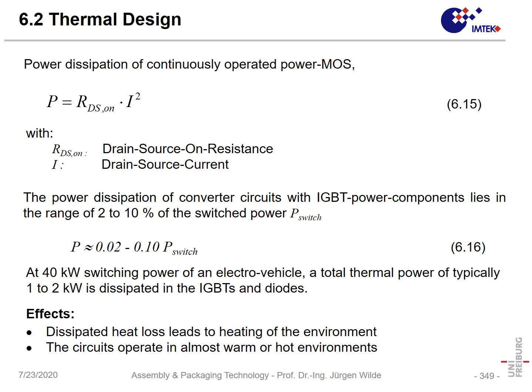And in that way, when we multiply that on resistance with the current we want to switch, we get the power dissipation in that power MOS device. So that means the development of such small power devices was characterized by decrease of the RDS on, of the on resistance between drain and source.